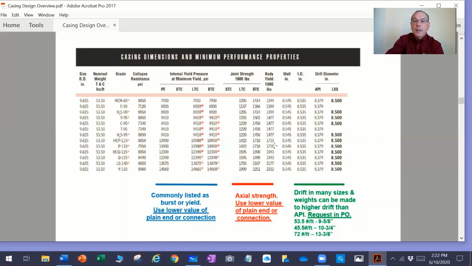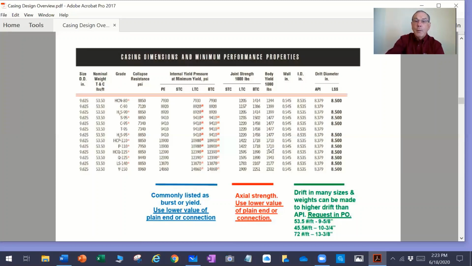The body yield, I said that wrong, excuse me. This is LT and C. The LT and C casing is rated 1,422,000. Buttress is 1,718,000. Plain end pipe is 1,710,000.